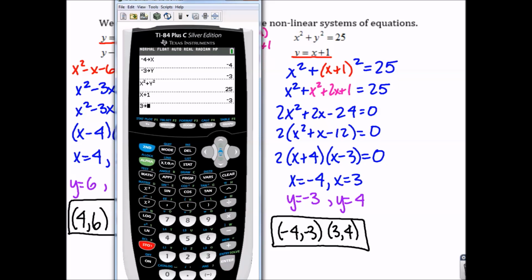Now I need to plug in the second point, so I store 3 for x and 4 for y. And then I can plug in x squared plus y squared again. That gives me 25, which is what I'm supposed to get. And then if I do x plus 1, I should get my y value, which is 4.